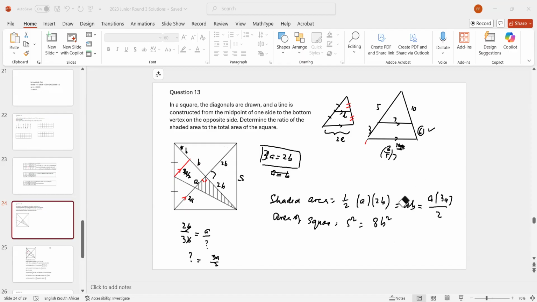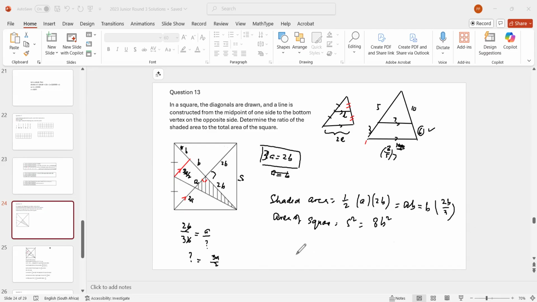Sorry. I've got this side of the square in terms of B, so I want to work out the area of the triangle in terms of B. I already have a B here, but the A, I can replace it with B by looking at this, because A is 2B over 3.